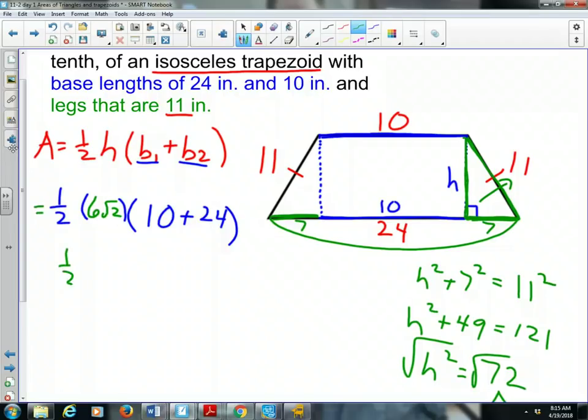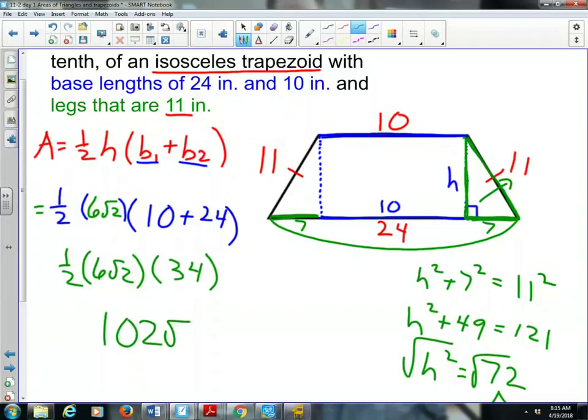All right, now let's find our area. The area equals 1/2 times 6 root 2 times 34. Half of 34 is 17. 17 times 6 is 102 square root 2. What's our units here? Inches squared.